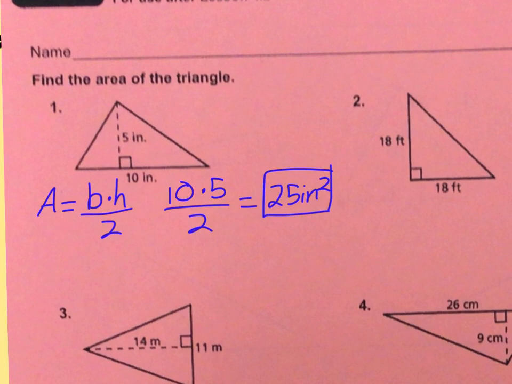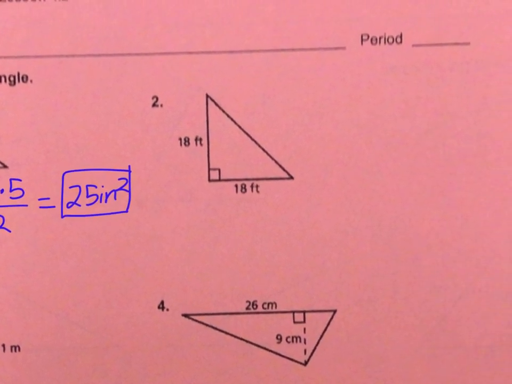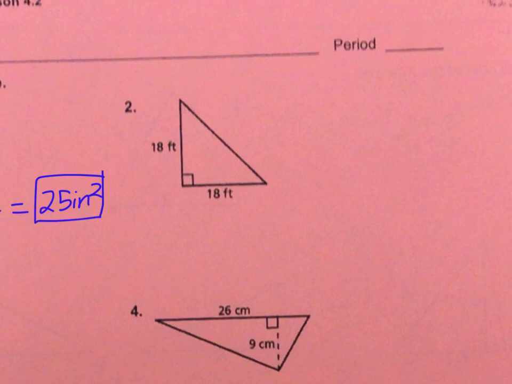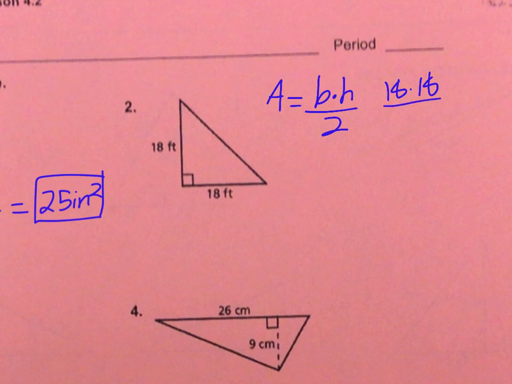Not too bad. Let's move on to the second. So we're going to look at this one. This is the same thing. We're going to be using the formula for area of triangles. So we're going to go area equals base times height divided by 2. We're going to go 18 times 18 divided by 2.